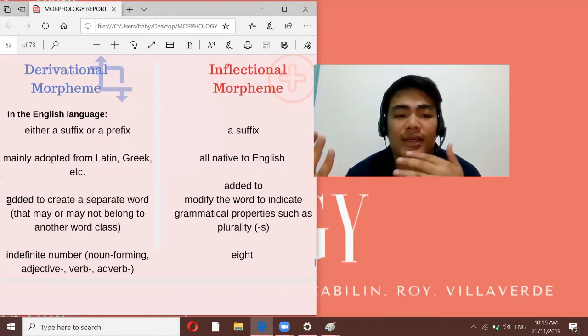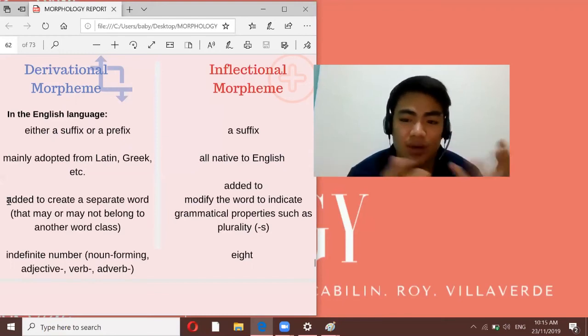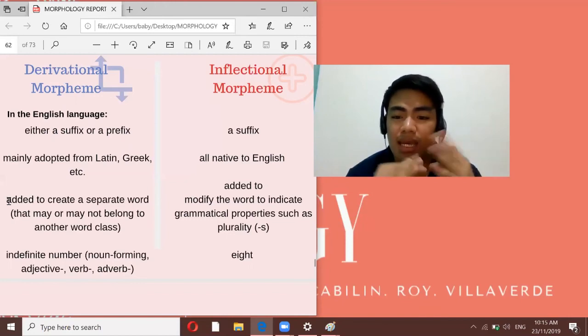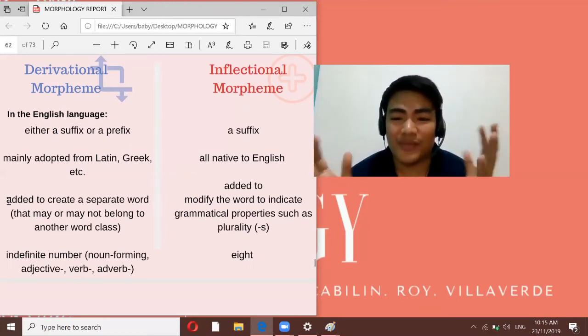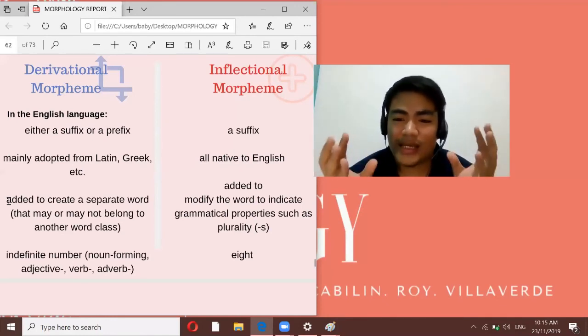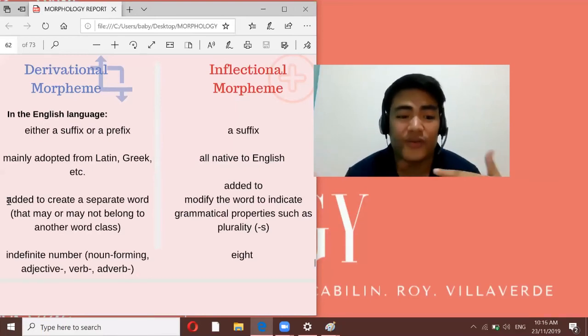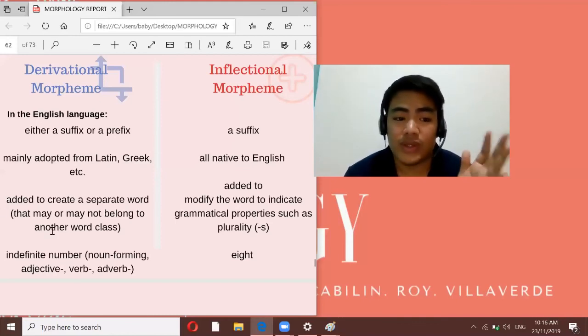If we add the suffix ness to happy, we get happiness. Happy and happiness are different words. They are related, but they are different words. They exist in two different entries in the dictionary. They are separate from each other, although they belong to the same word class, they are both nouns.